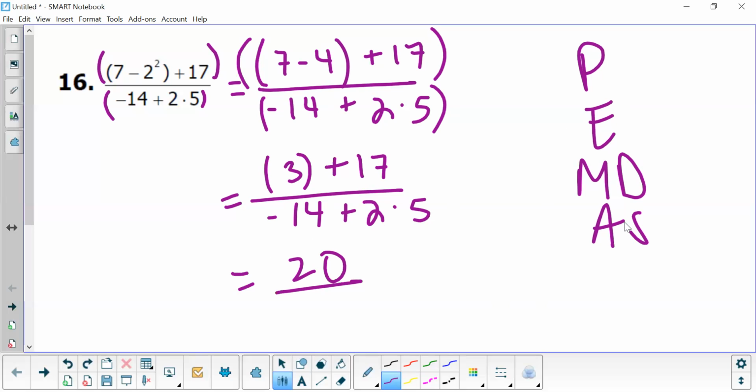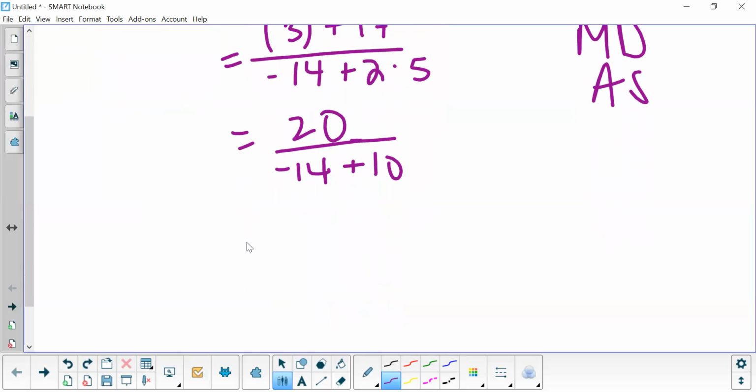Multiplication comes before any addition or subtraction. So I have negative 14 plus 2 times 5, which is 10, so plus 10. And then we have negative 14 plus 10, which is negative 4.